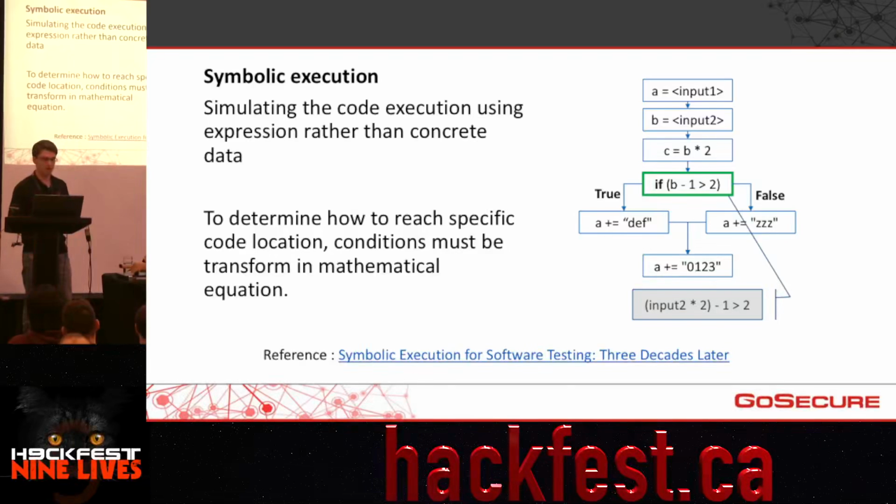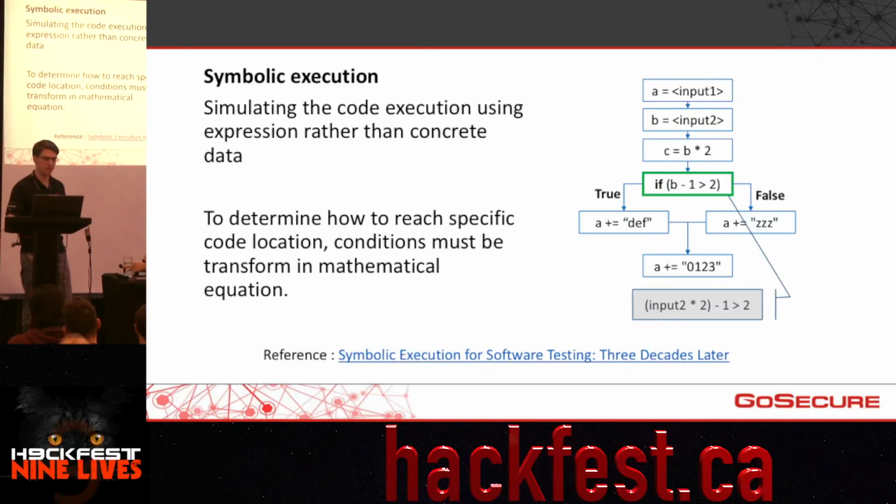I have an example next, step by step, of this code. The idea is also that once we want to target a specific condition, we're going to transform this into a mathematical equation and try to solve it. This is really theoretical. In practice, there are many mathematical functions that cannot be resolved. There are also multiple functions that depend on I/O. So it's not always feasible.